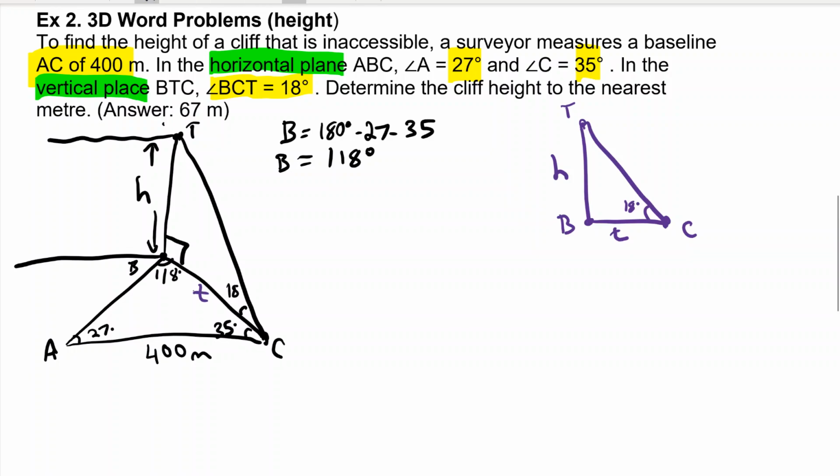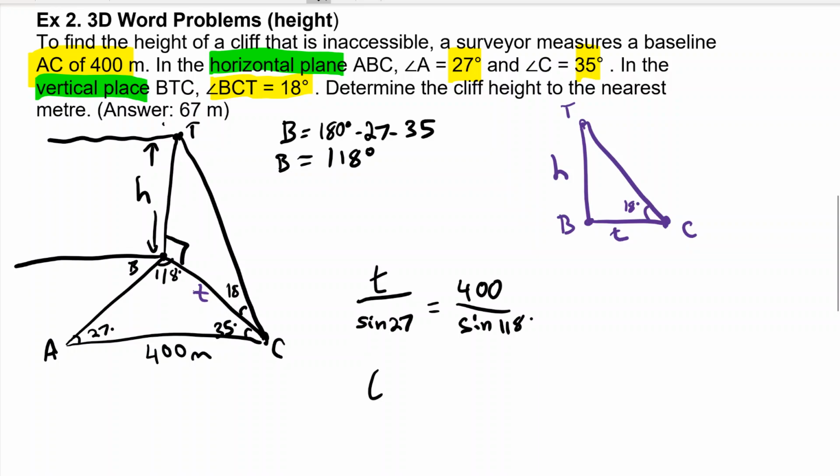So let's go ahead and do that. I'm looking for t, and its opposite angle in this triangle ABC is 27 degrees. I have 400 meters, and its opposite angle is 118 degrees. So t over sine of 27 is equal to 400 over sine of 118.